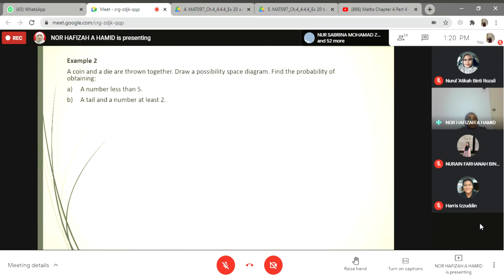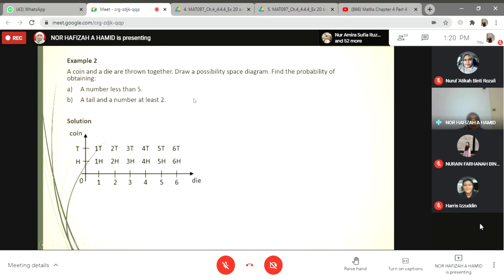Okay, example 2. Okay, so you need to draw a possibility space diagram. So ni between a coin and a die. Okay, so probability obtain a number less than 5. Okay. So example of the space diagram. So tak kisahlah you nak buat X the coin ataupun Y the die pun boleh. So depends. So kat sini you punya sample space.